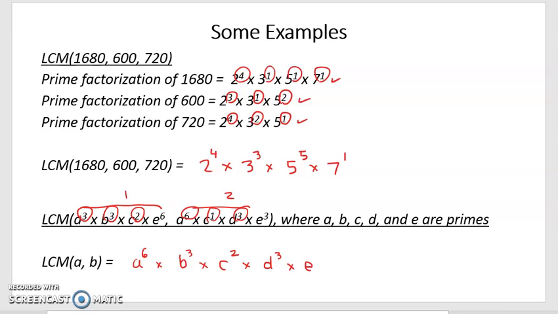And for E, it would be E to the 6th and E cubed. So that is E to the 6th. So the LCM of these two numbers, number 1 and number 2, would be A to the 6th, B cubed, C squared, times D cubed, times E to the 6th.